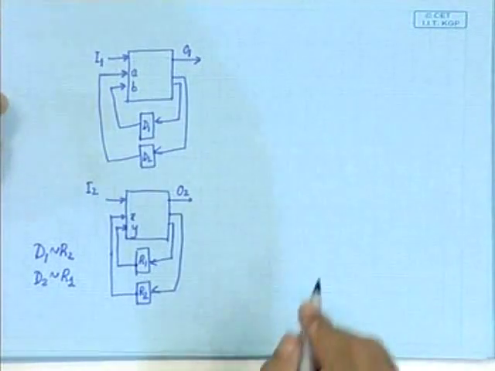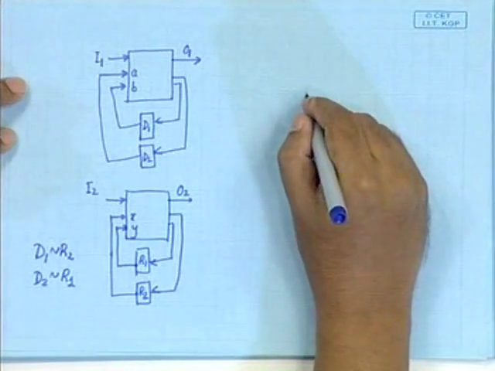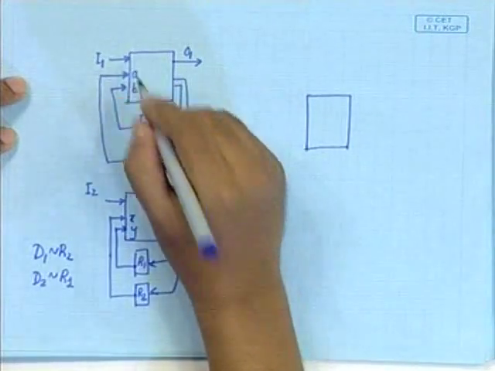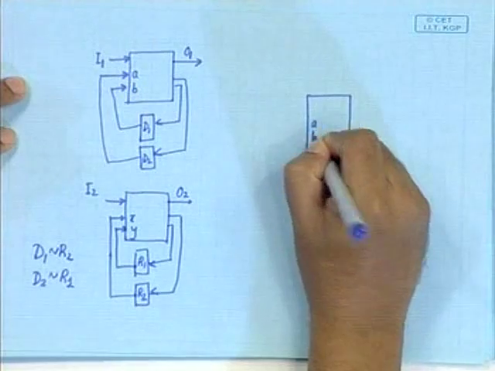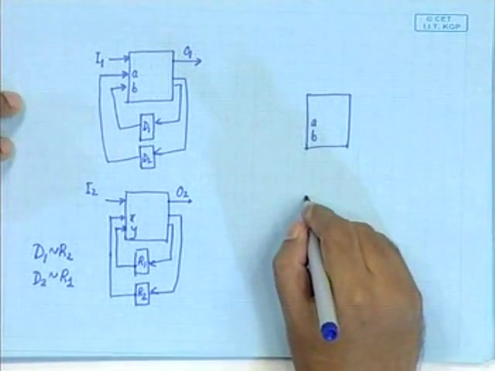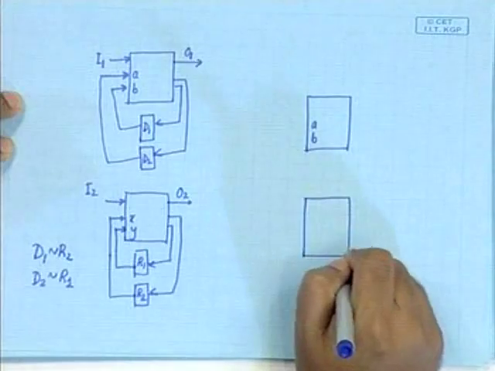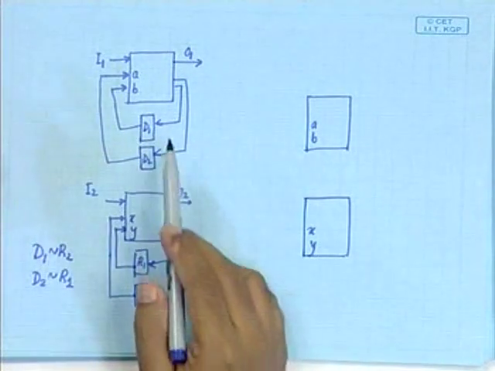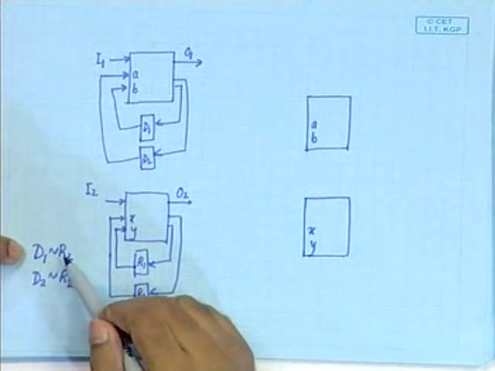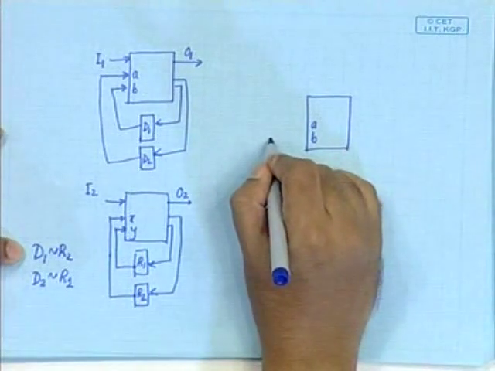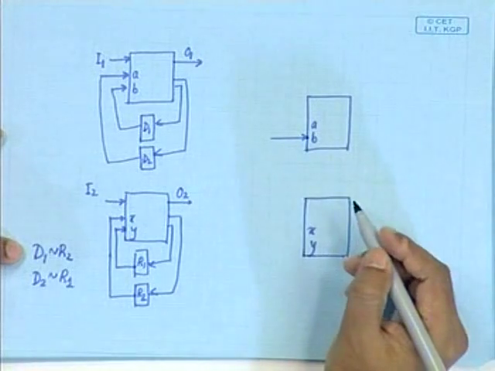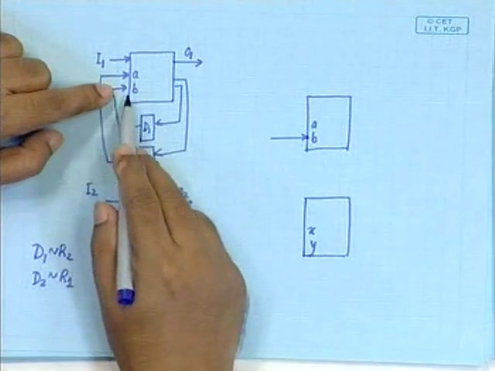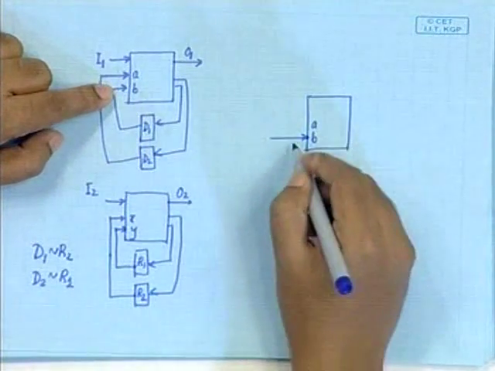So, what we are going to do is take out this combinational logic, and take out this combinational logic. Now, we know that D1 corresponds to R2. So, this is D1 and it corresponds to R2.